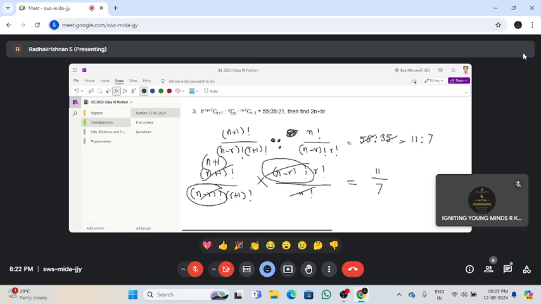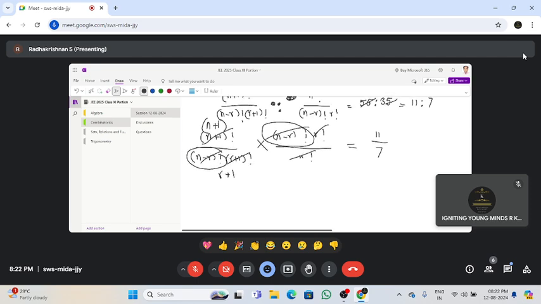Yes, sir. Okay. Same way for r factorial, r plus 1 factorial, what will you get? r plus 1 in the denominator. Same way, right? Because r plus 1 factorial is r plus 1 into r factorial. So your equation is n plus 1 by r plus 1 equal to 11 by 7.